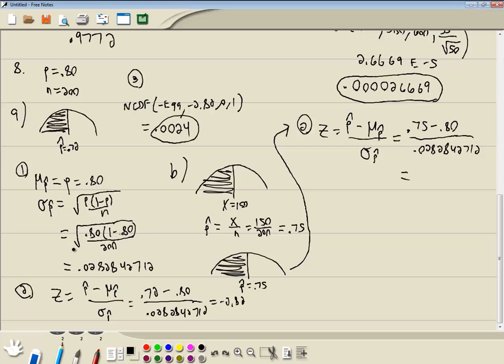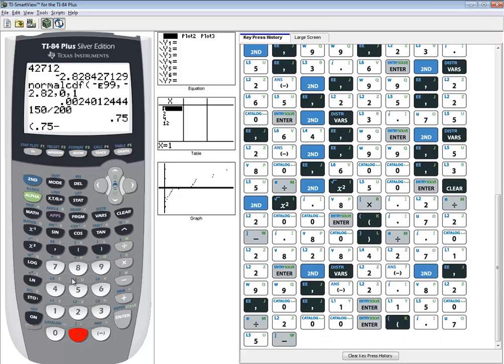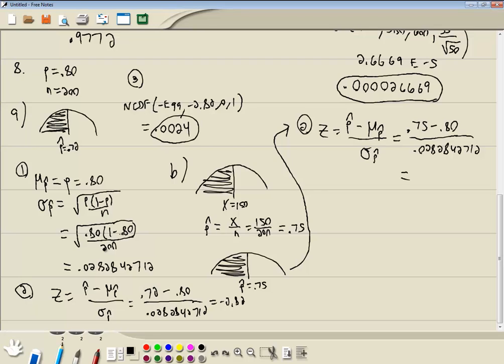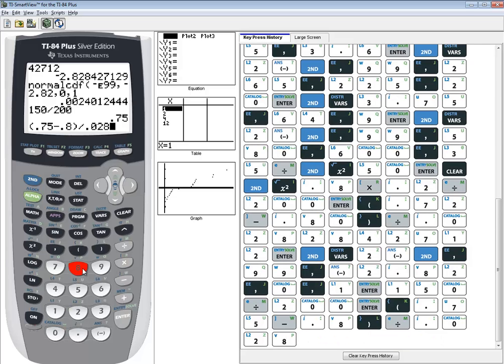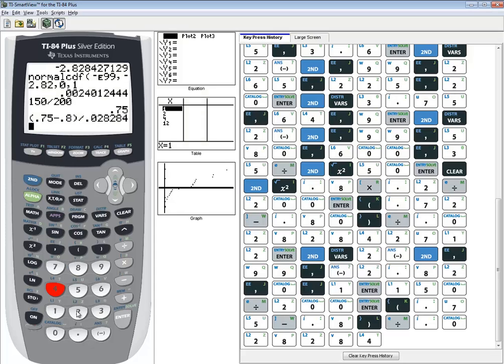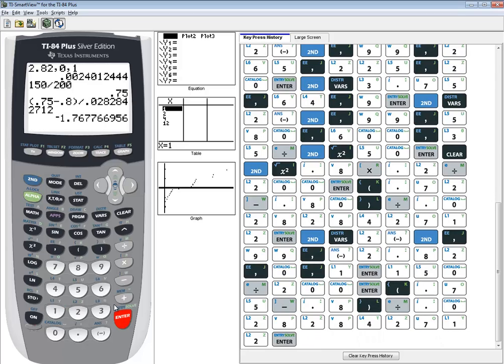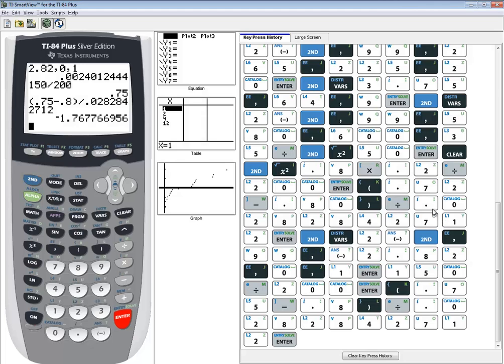Okay, so do a beginning parentheses, 0.75 minus 0.8, close parentheses, divided by 0.02828422712. Enter. And I'll take it to 2 decimal places, so we get negative 1.77.